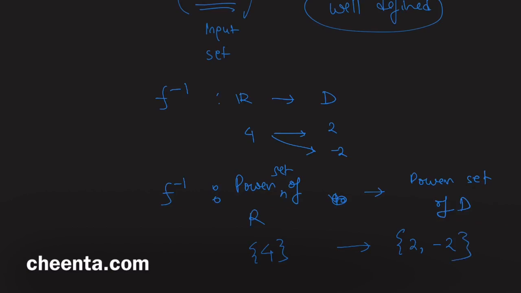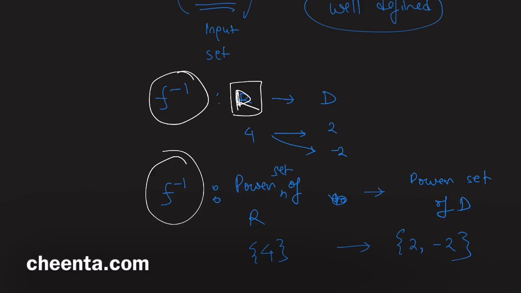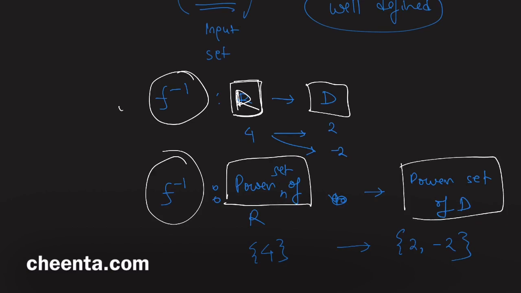So you might say, why are we using the same notation for the actual inverse function between the sets and the inverse function between the power sets? Why should we use the same notation?